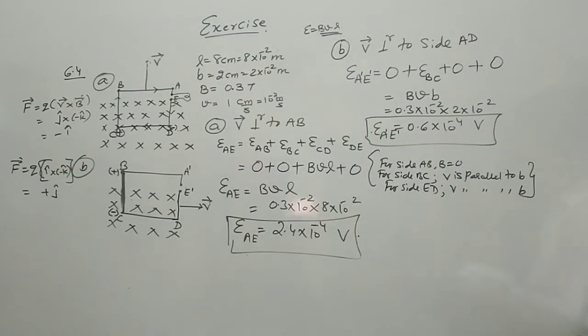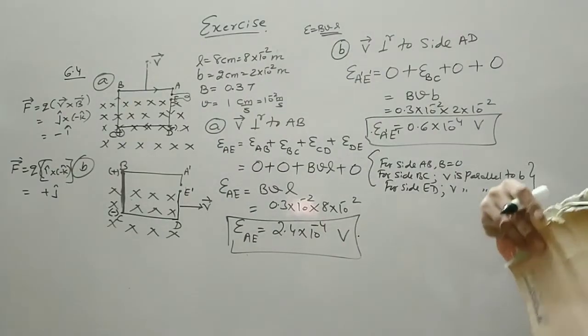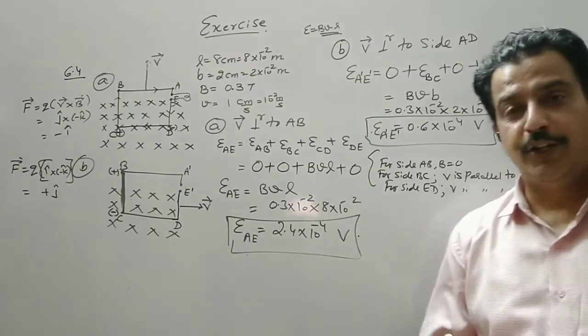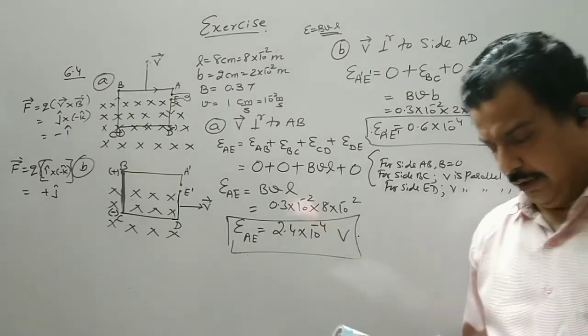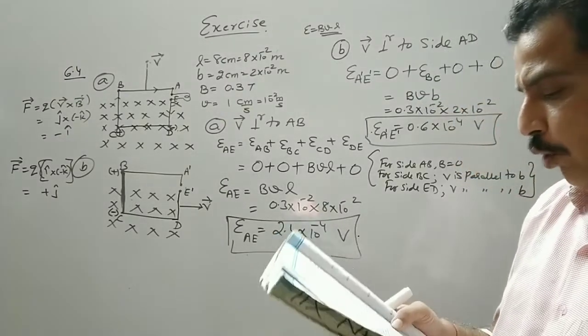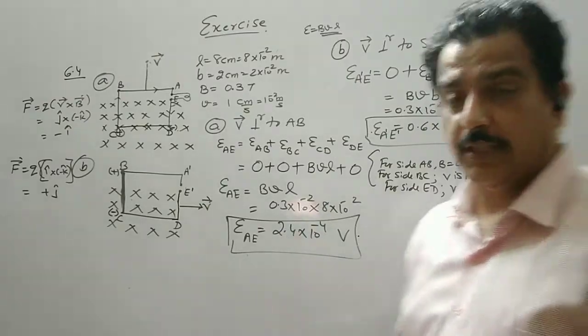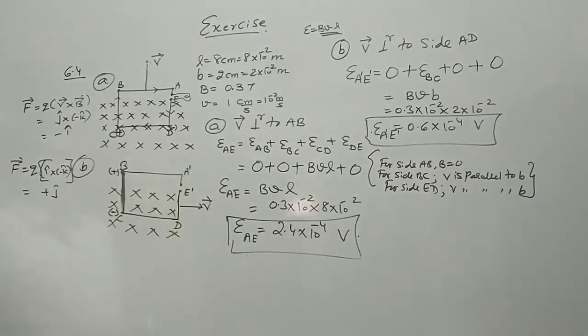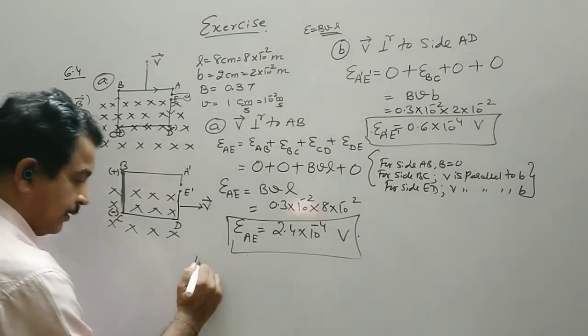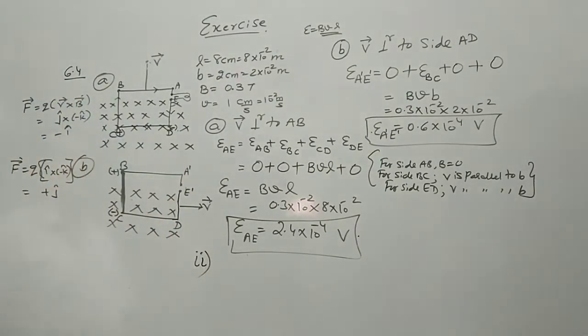Now we have a second part also. For how long will the EMF be induced? Now see the first situation. The question, second part is, for how long does the induced voltage last in each case? So again we come to this case, second part, where we have to find out the time.